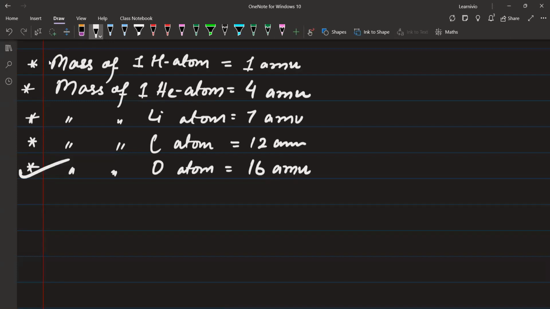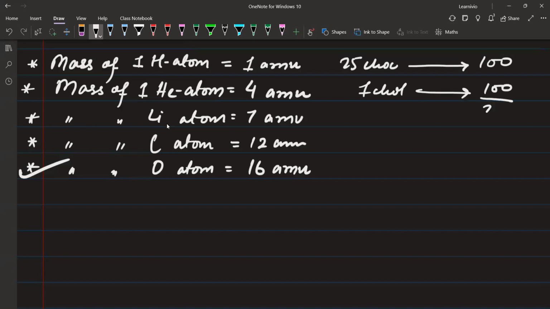Now this definition is very easy. Please tell me one thing. 25 chocolates in 100 rupees, so one chocolate is 100 by 25 rupees. You know this?